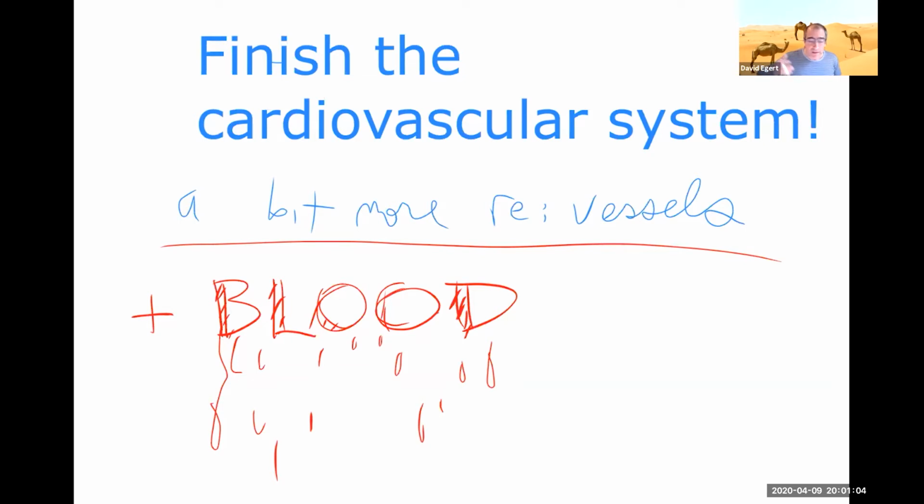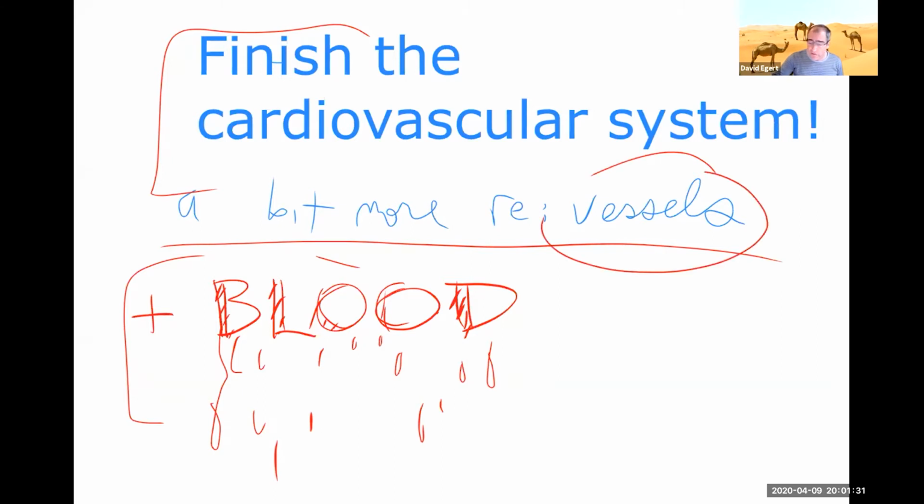Normally this day would be more of a review day, but I think we're going to be finished with the cardiovascular and the blood. I have been looking at some of the cadaver dissection videos, so I'm going to show you some of those to give you a sense, particularly of vessels.